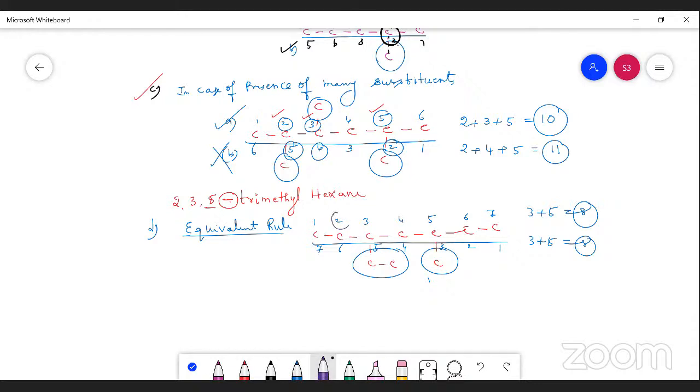Second position and sixth position both are equivalent. Why? Because 2 plus 6 and 2 plus 6 are the same. Similarly, third and fifth, they both are equivalent positions. So in case of presence of different substituents at the equivalent positions, we have to follow the alphabetical rule.